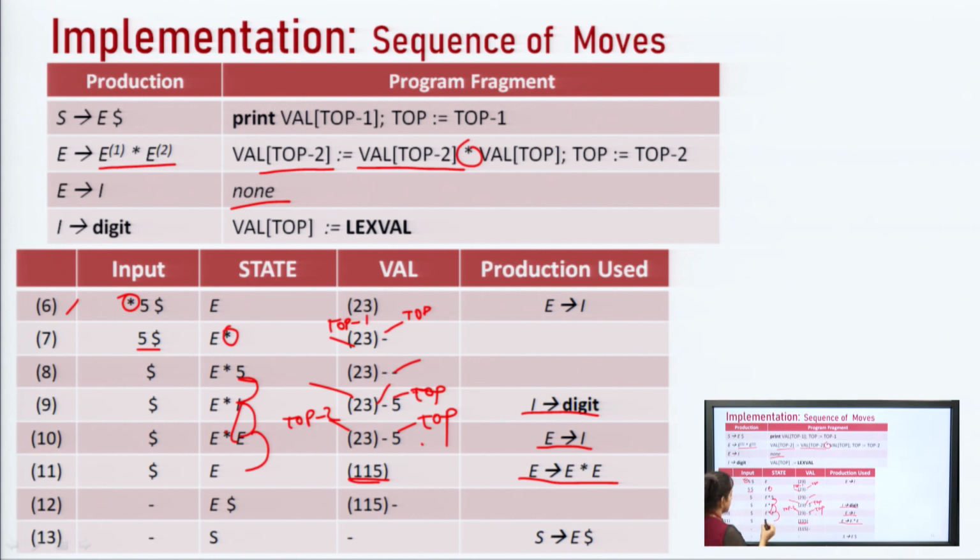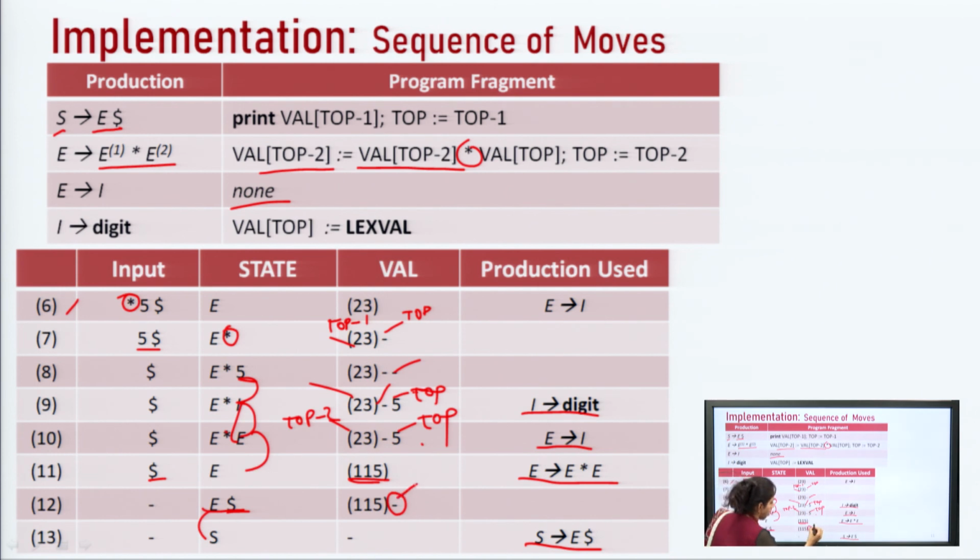Now, this E and the next symbol is dollar. So, here we will write dollar, and the value corresponding to this is nothing. Next, E dollar is reduced to S using the production S to E dollar. The semantic action, a program fragment, is print value at top minus 1.